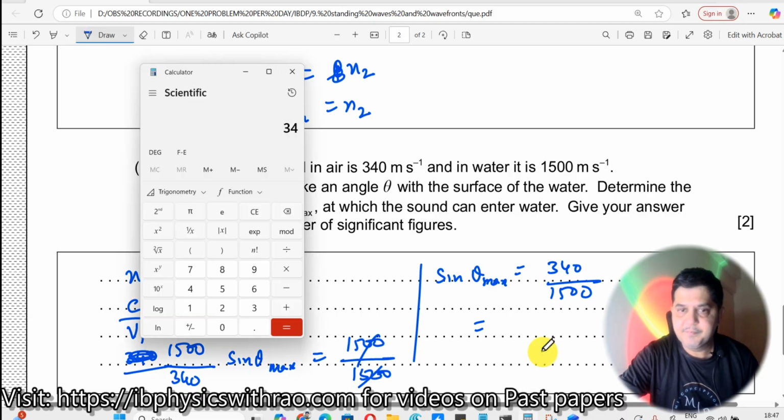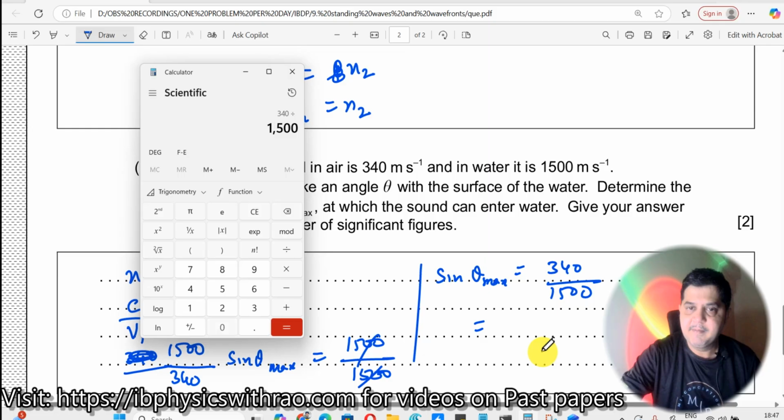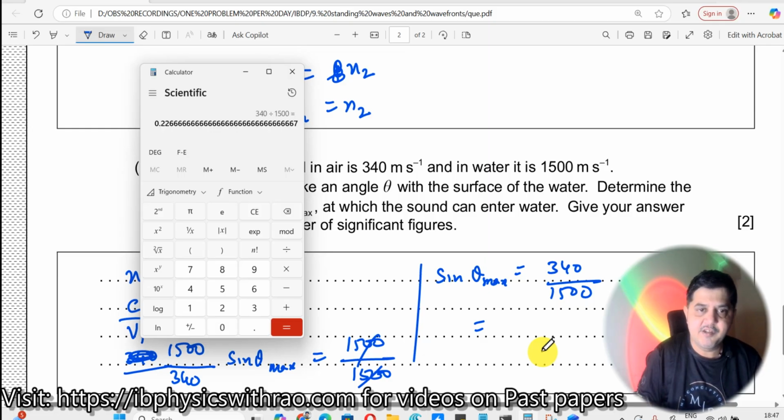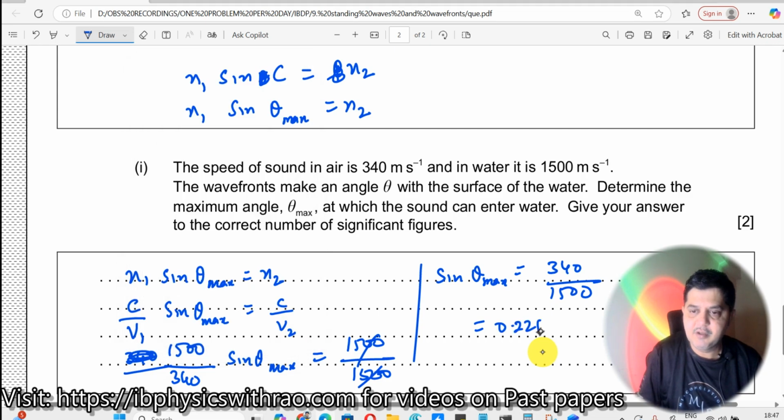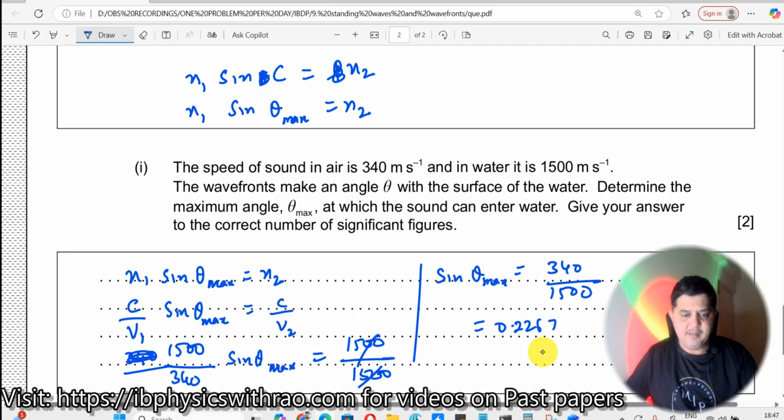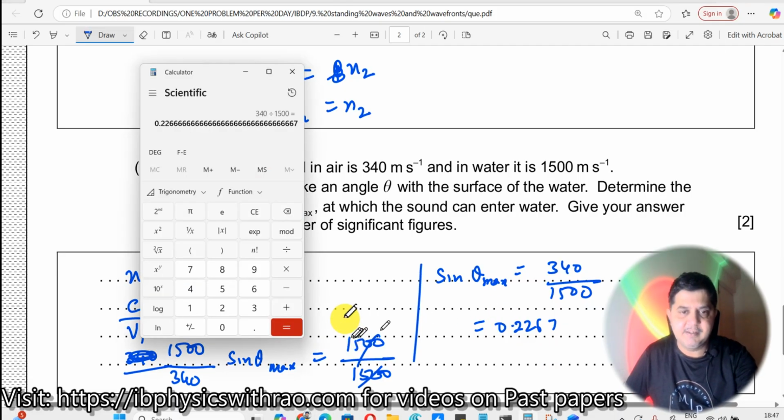Should be 340 divided by 1500. I get 0.2266, 0.2267. We have a recurring decimal, so I will put this 67, and I want to get the value of theta max over here.